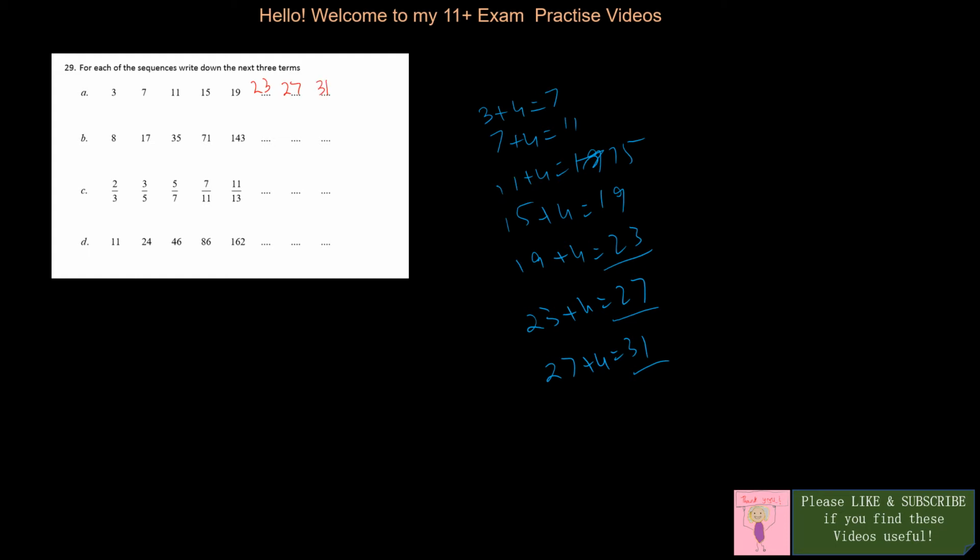The next one is 8, 17, 35, 71, 143. So how did they arrive at these numbers?